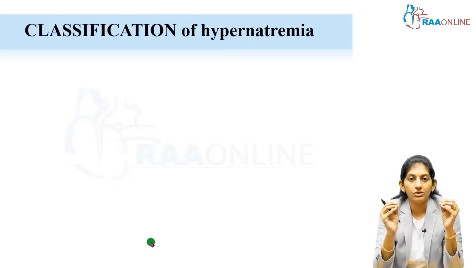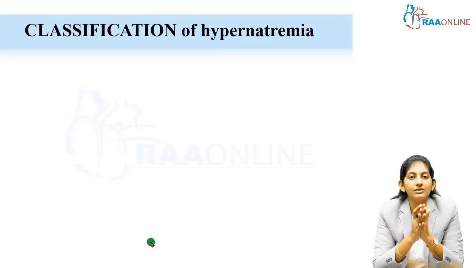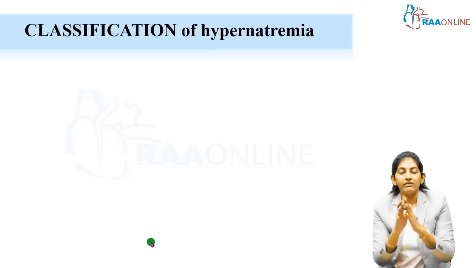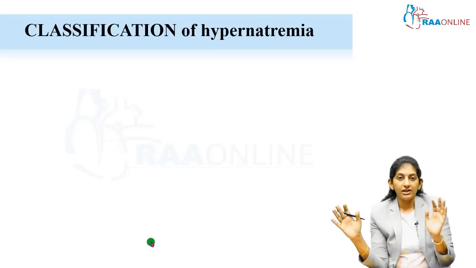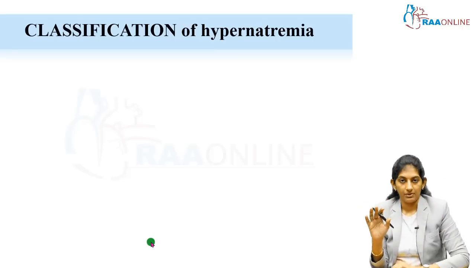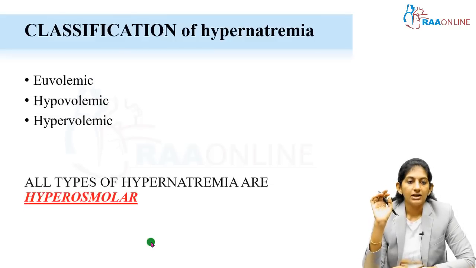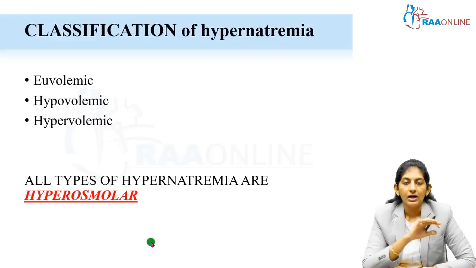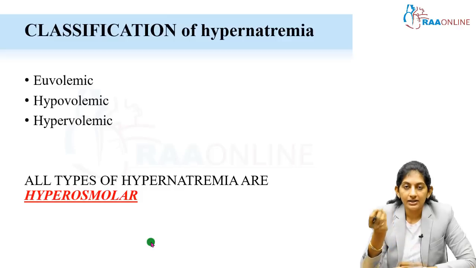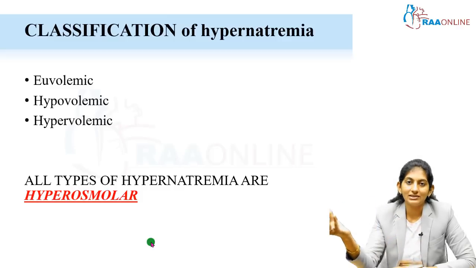So our motto is to identify the child's volume status, and depending on that our management will be totally different for all these three types of hypernatremia. But all types of hypernatremia will be hyperosmolar. So the clinical features that we get in hypernatremia will be secondary to the hyperosmolarity of the system.